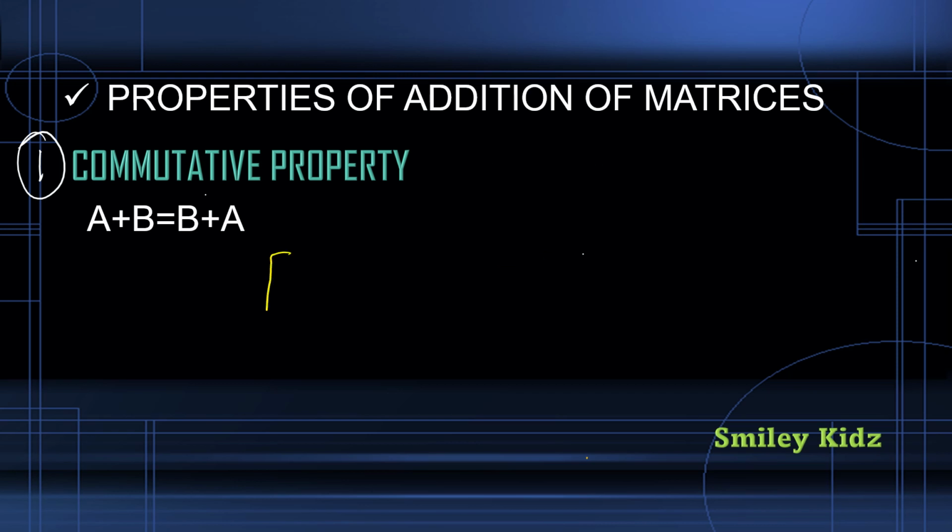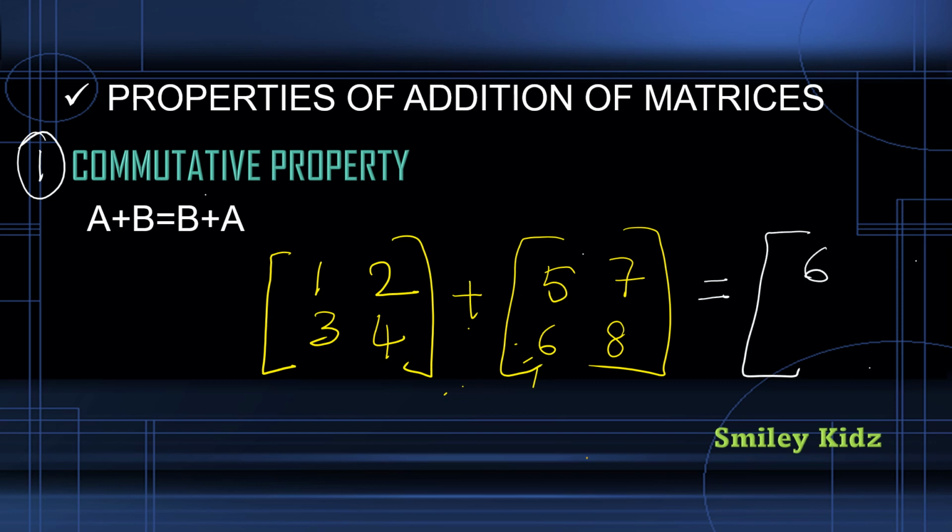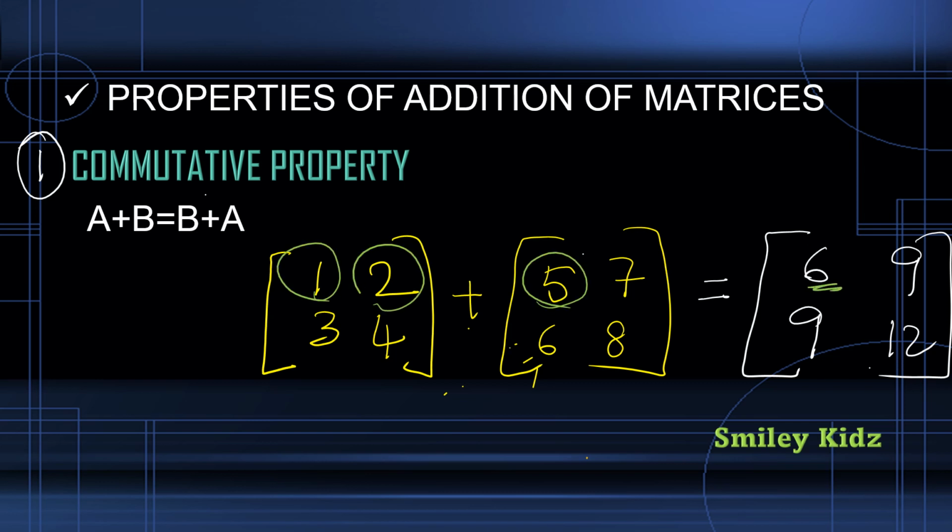Here we have 1, 2, 3, 4 plus 5, 6, 7, 8. Now, if you're going to solve this, you'll certainly get 6, 8, 10 and 12. Why did I get that? 1 plus 5 is 6. 2 plus 6 is 8. 3 plus 7 is 10.